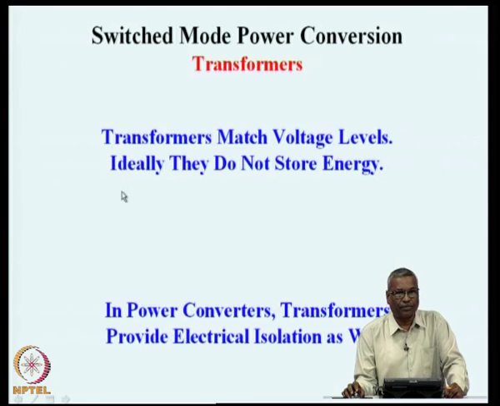So, the basic purpose of using inductors in a power conversion circuit is to smoothen the flow of energy, and inductors have the property of storing electrical energy, and this storage of energy helps us to smoothen the flow of energy in a power converter.